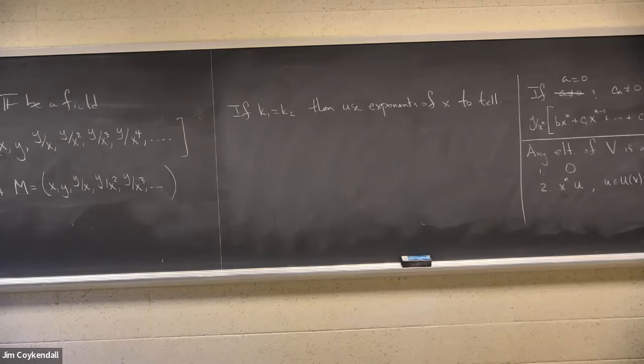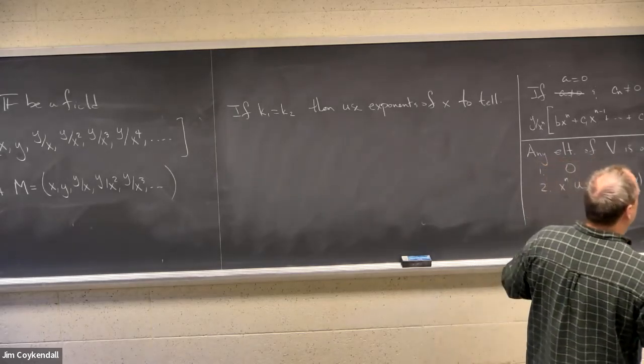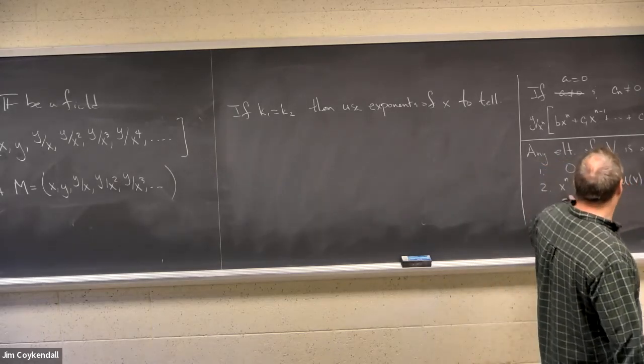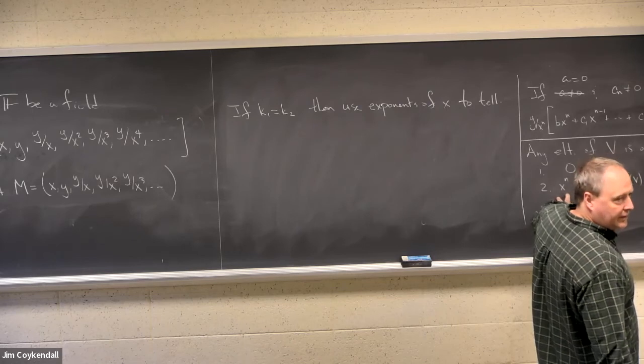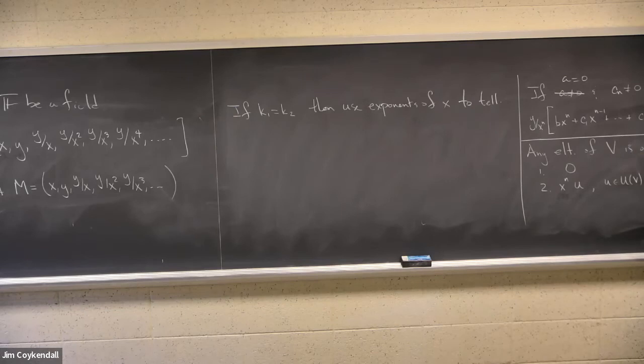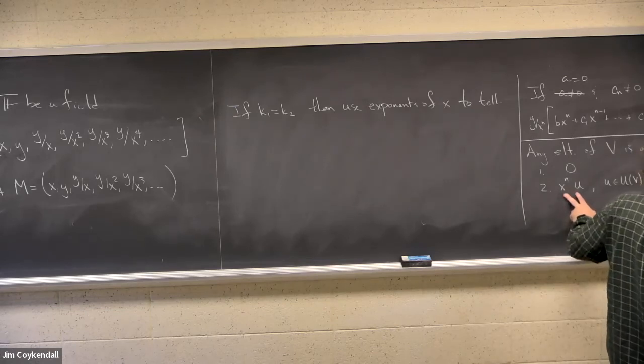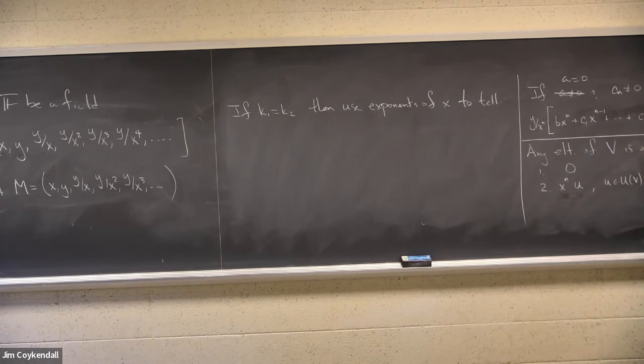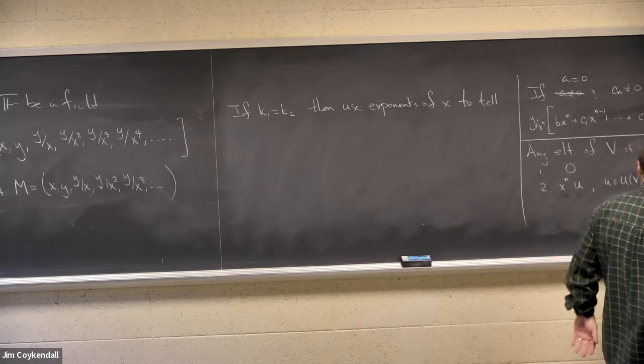Everybody okay? So it turns out, I was kind of fast and loose with this, but any element of this valuation domain is a monomial of one of these two forms: non-negative powers of x, or a positive power of y with any power of x that you like.